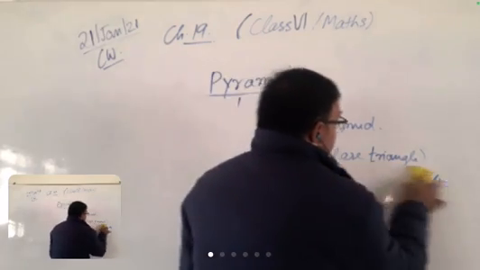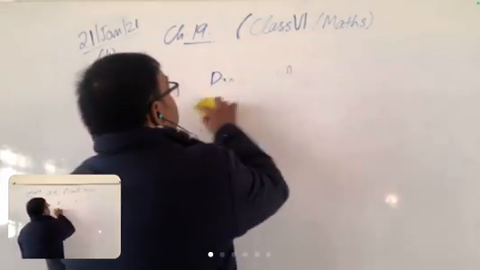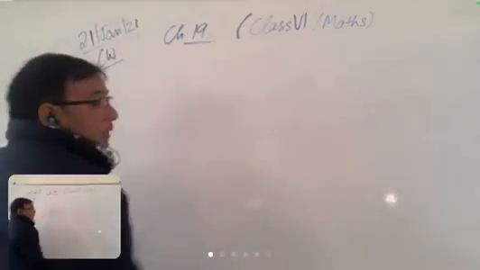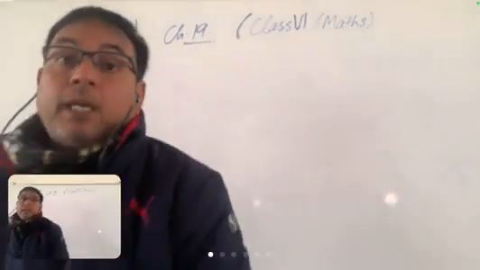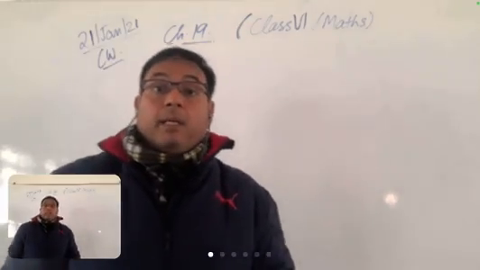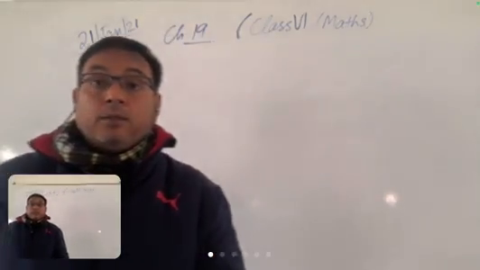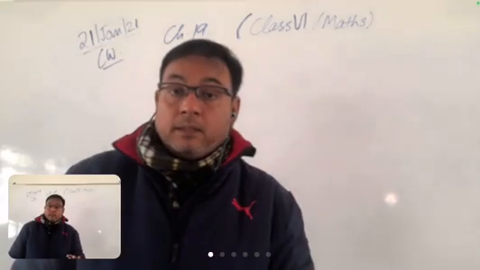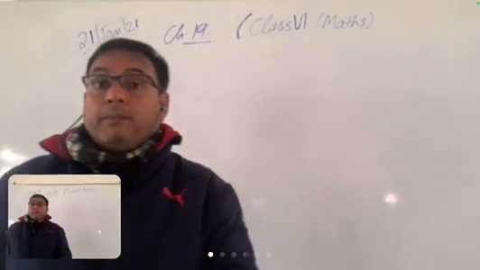Now all the 3D shapes that are in your book are clear. So you are all clear with 3D shapes and their dimensions, meaning their vertices, edges and faces.